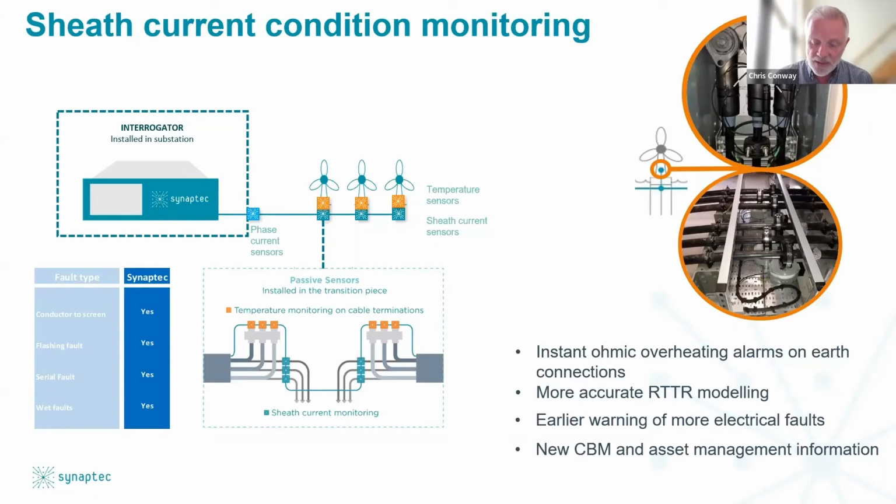Whether it's a screen continuity fault, or wet fault, or other changes in impedance that would cause flashing faults from screen to screen. So the data is there for us to provide a level of insight into cable condition that's not been available before now. So it enables much better insight and a more effective condition-based maintenance platform.